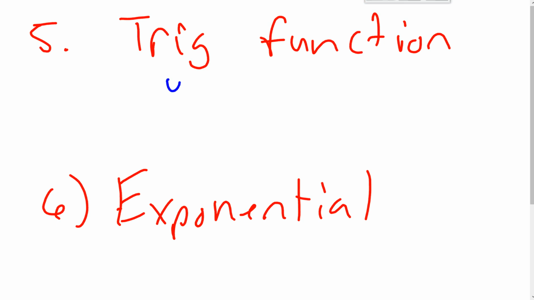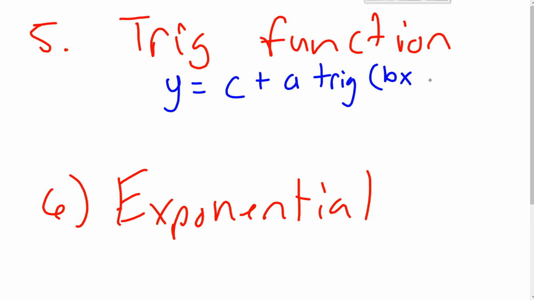y equals, or f of x equals, a plus, this is c plus a, whatever your trig function is, times, sometimes that b is inside and sometimes it's outside. If it's inside, minus d can be written like that, or it can be rewritten the same.